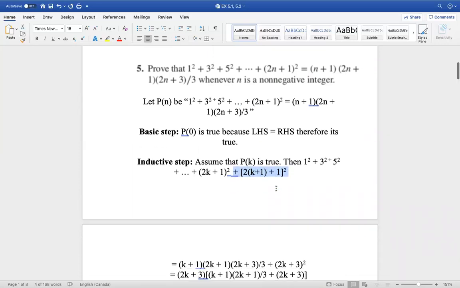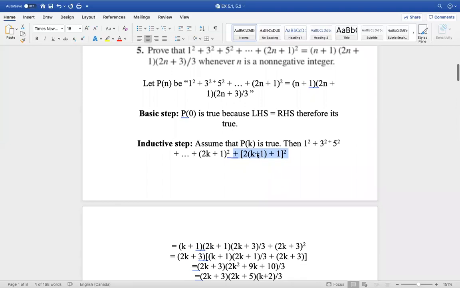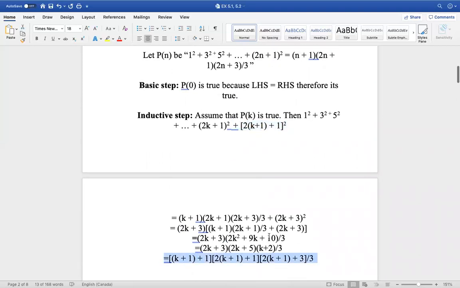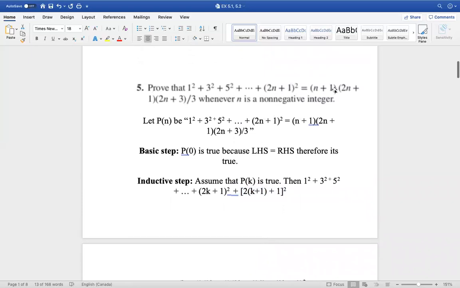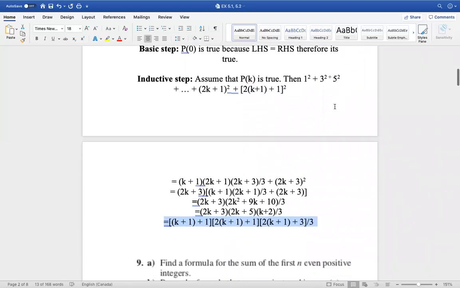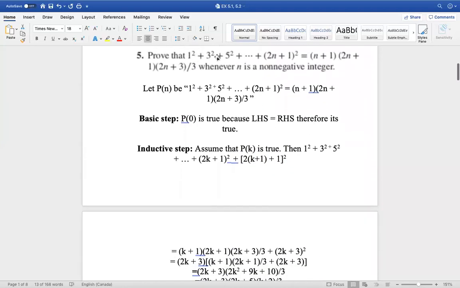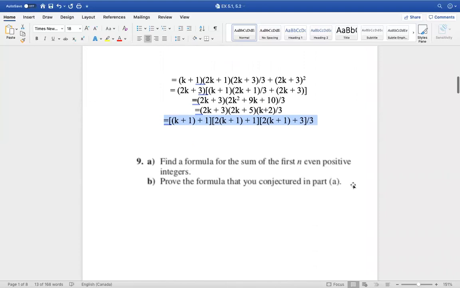So this is the one step further, and after resolving this, we got up to here, which is basically representing this statement over here. Therefore we know that the left hand side equals the right hand side here. So hence it proves that the left hand side equals the right hand side using induction.